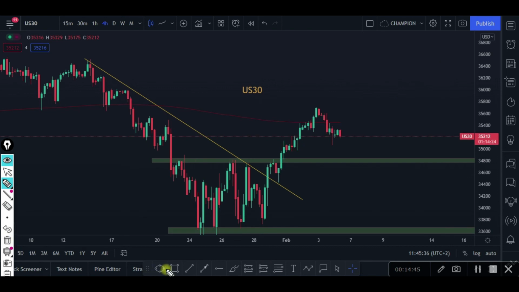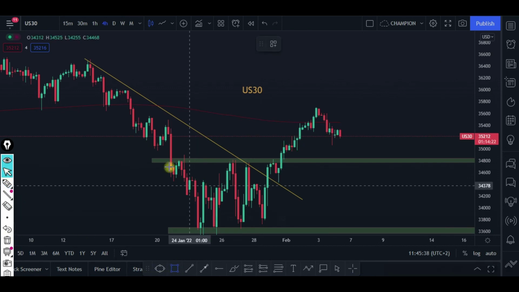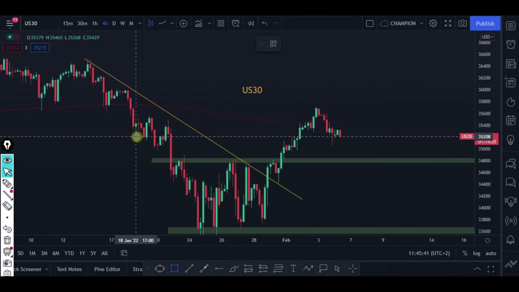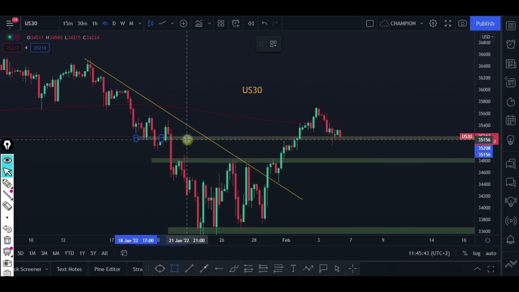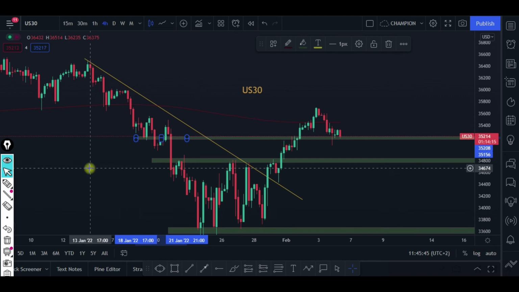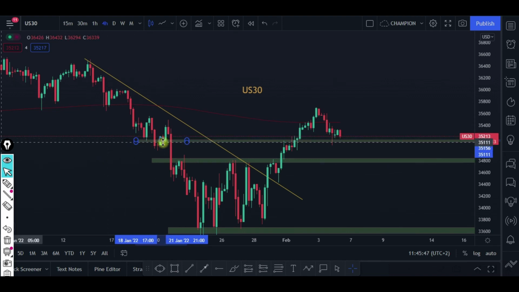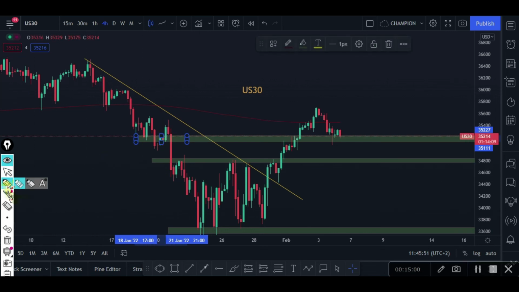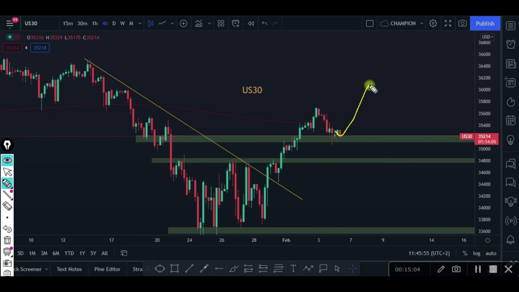So what I can tell you, the market will respect this area. As you can see right there, the market will respect this area to give us a new higher high before it will be pushing to the moon.